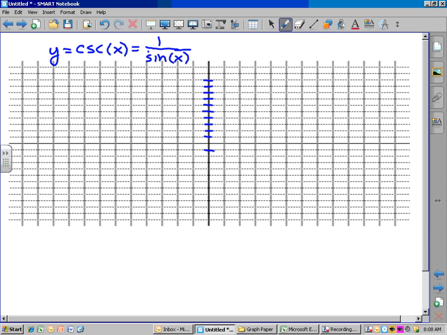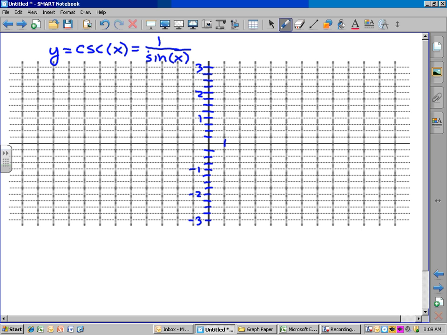So let's try this. 1, 2, 3, 4. I'm still going by quarters. You can actually go all the way to 3. We have enough room for 3. So 1, -1, -2, -3.